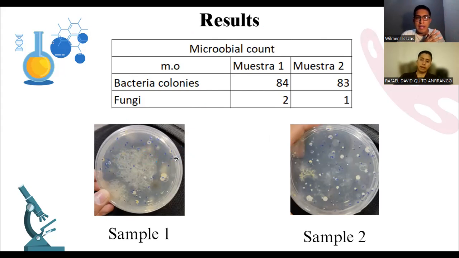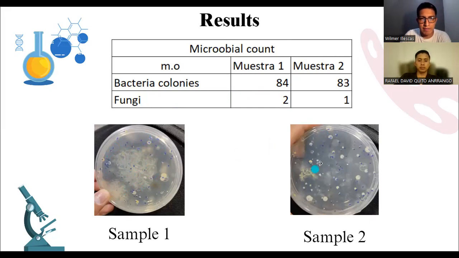After we went to the laboratory and counted the results, we found 84 bacterial colonies in sample number 1, and just two fungi species. You can see here the first fungus, and the other one, the second. All of these little blue spots are the bacterial colonies that we counted.